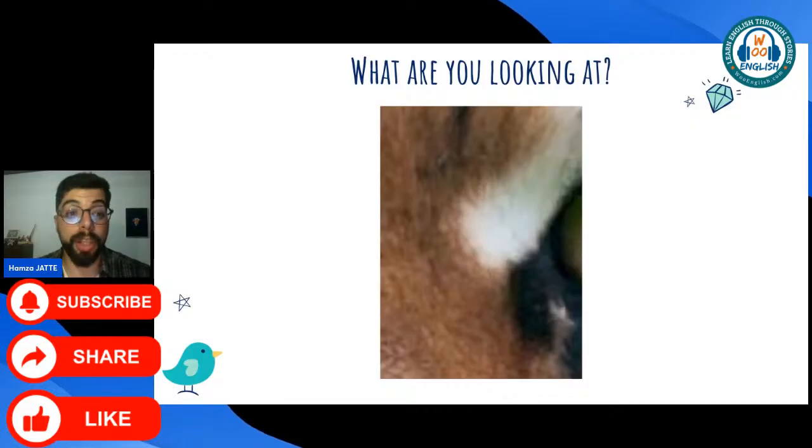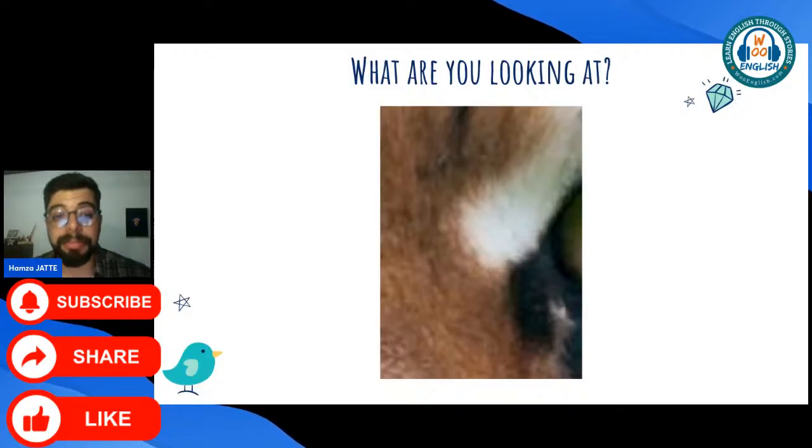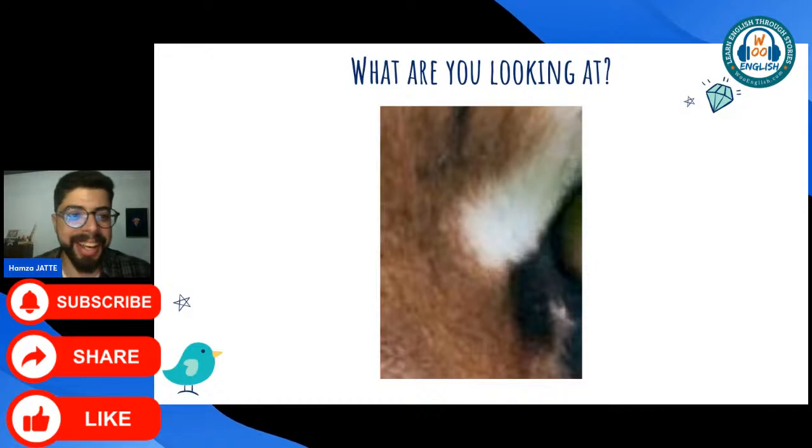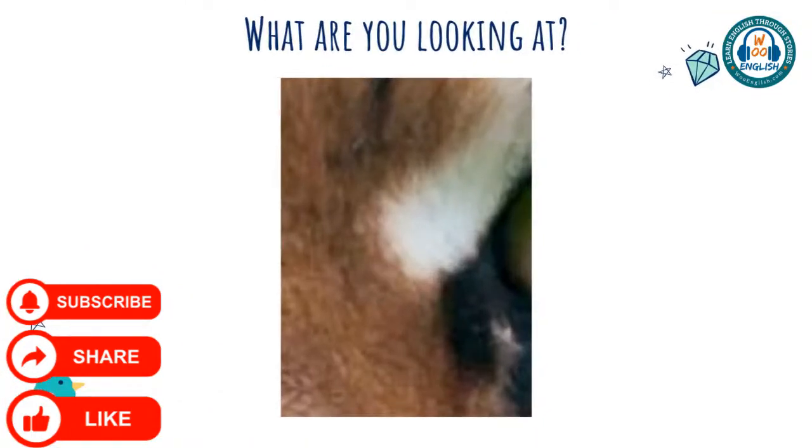A dog. Maria says this is a dog, probably. Good guess. On the whole, I think I have no idea. Chile, don't give up. Give it a try. I'm gonna make it even bigger.